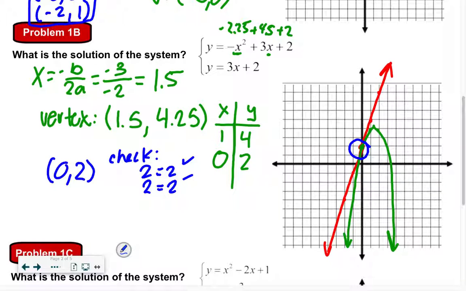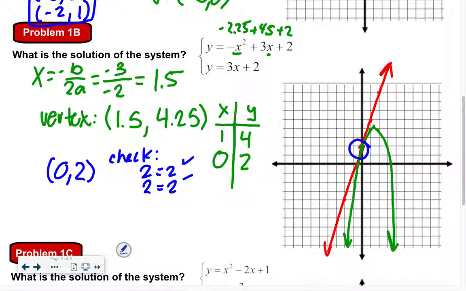Where else do you think it crosses? Negative 1. Should we try it? If I plug negative 1 in here, do I get out negative 1? Negative 3 plus 2 is negative 1.